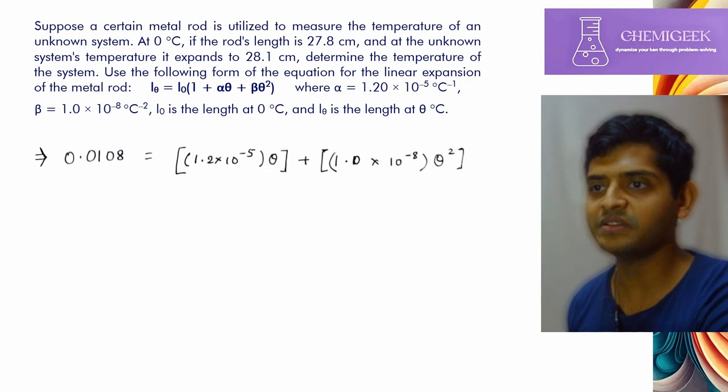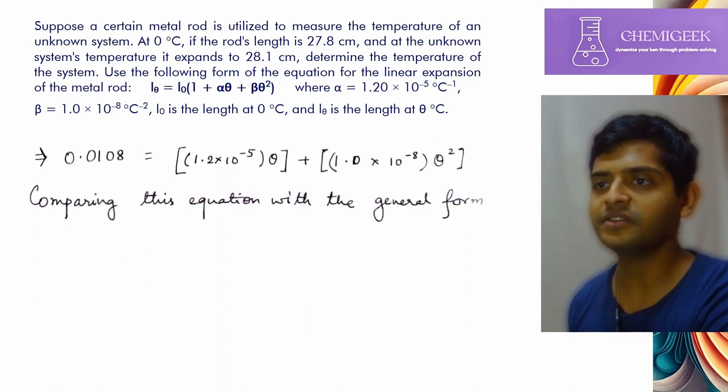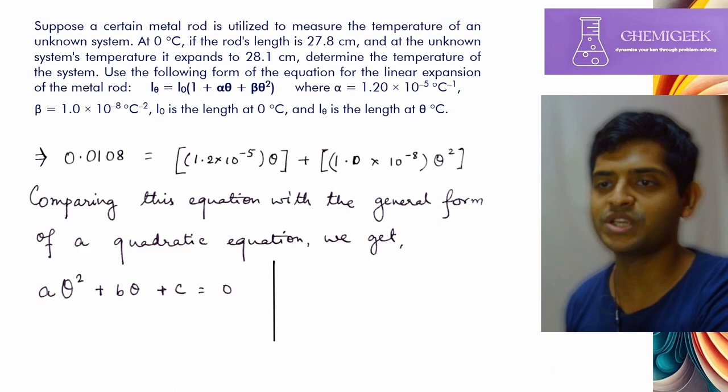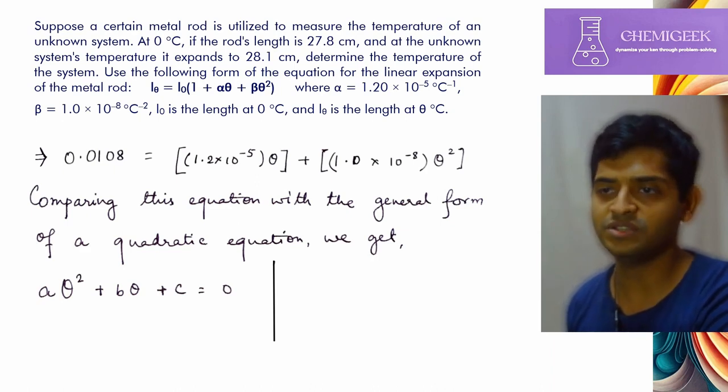Now we are again rewriting this, and we are comparing this equation with the quadratic equation. So let us try to see what happens. This is a general quadratic equation, a theta square plus b theta plus c is equal to 0.